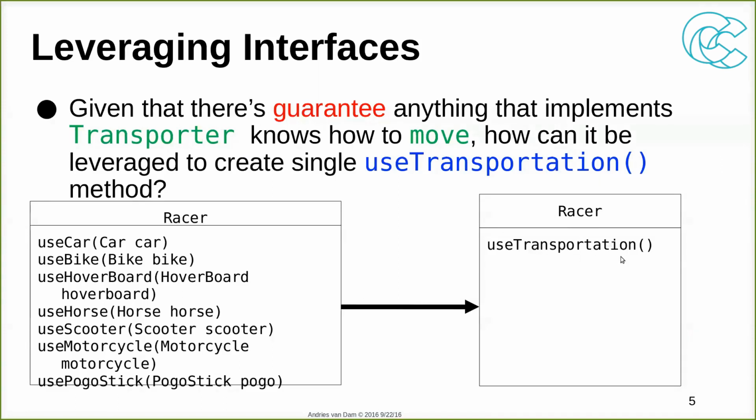There can be multiple modes of transportation, like a car, bike, hoverboard, horse, or whatever, and we can go from point A to point B.